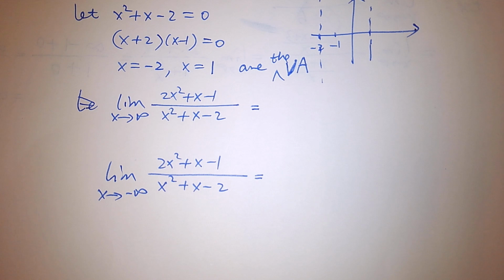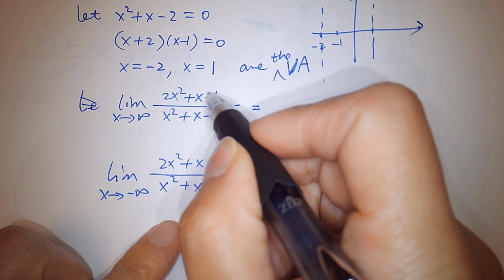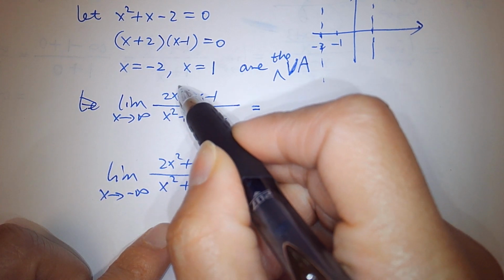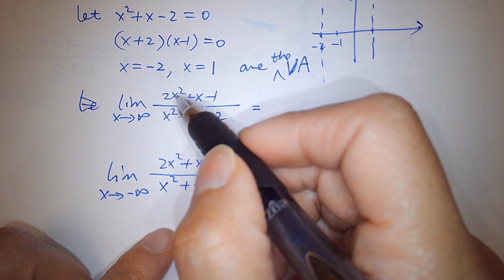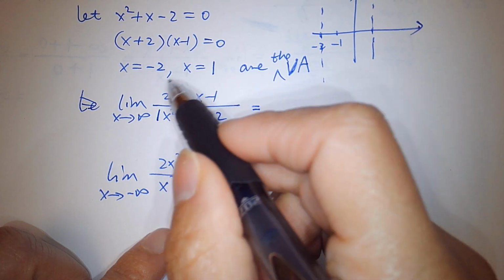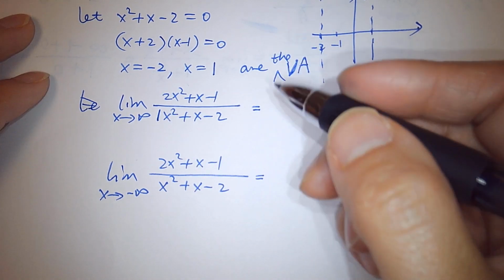We don't have to factor, right? Because we are finding the limit when x goes to infinity. I thought I could make a shortcut. Think about the previous question we just did. If you know the shortcut, both top and bottom have the same degree of x, so the horizontal asymptote for this function should be 2 over 1, which is 2. You're right, so this limit is 2.